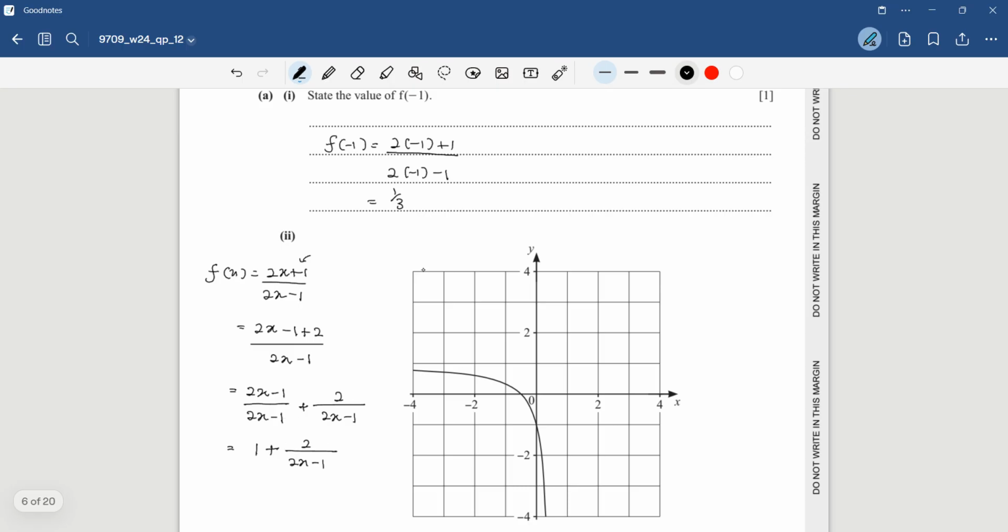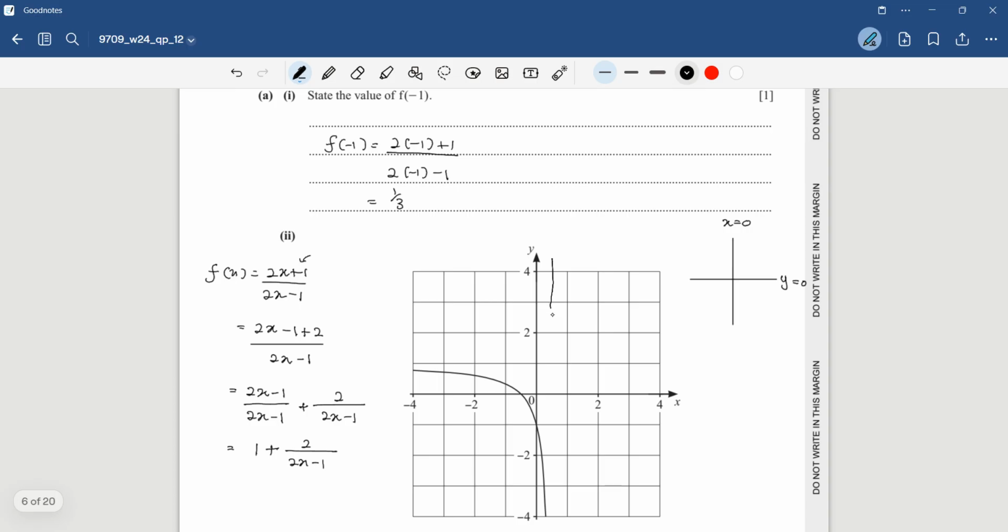If it's a basic reciprocal graph, the x equal to 0 and y equal to 0 will be the asymptotes, correct? So when it has something like this, it shows that your x equal to 1 over 2.